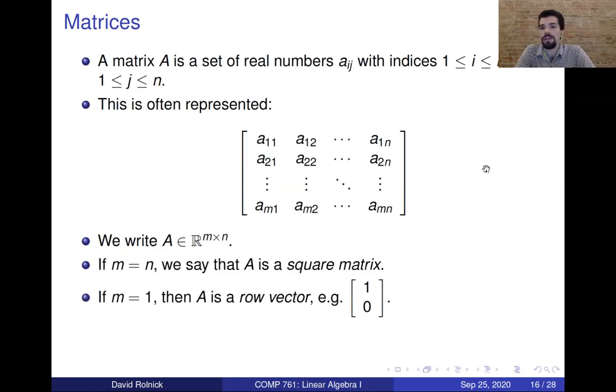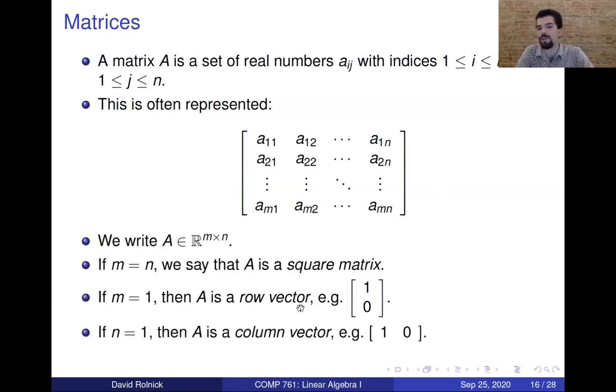In particular, matrices can be thought of as a generalization of vectors to some extent. If m is equal to 1, then, oh, I'm sorry, there is a typo here. These two should be swapped. If m is equal to 1, then A is a row vector, such as this one, the second one.